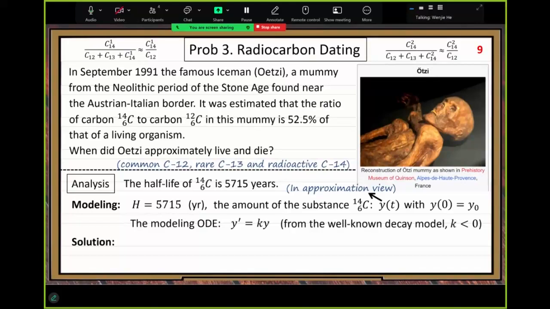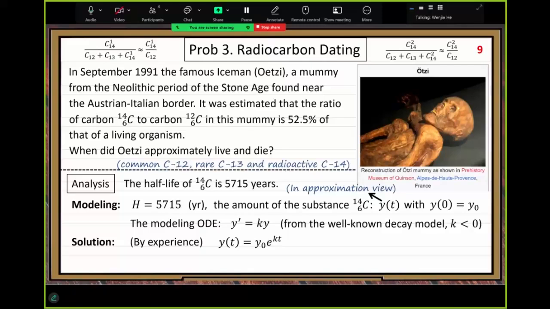Solution. We just apply the general solution for the decay model. By our previous experience, the solution has this form: y of t equals y0 times e to the kt, based on the decay model. Now we can do the remaining calculation.